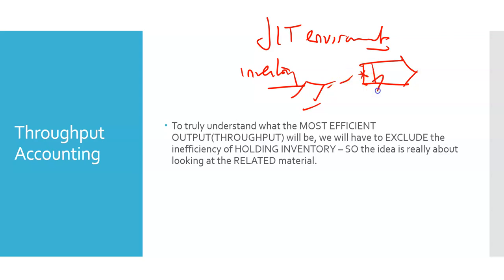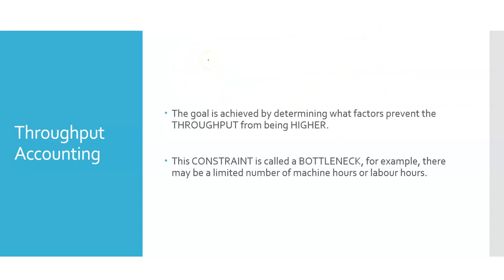Once our inventory starts falling, signals go out to our suppliers, who send us the inventory we need. So really throughput is purely the difference between sales revenue and the direct materials associated with it.